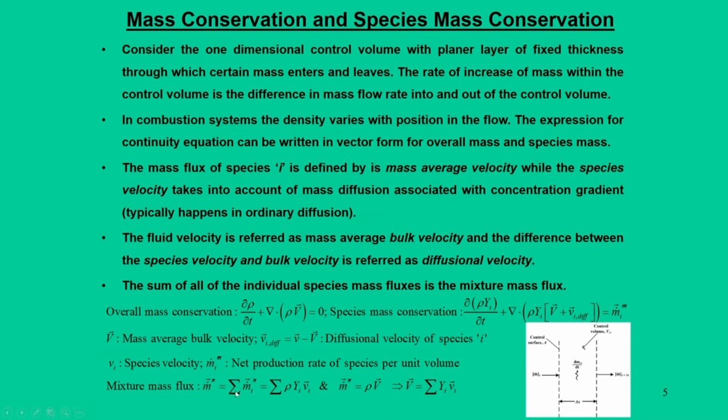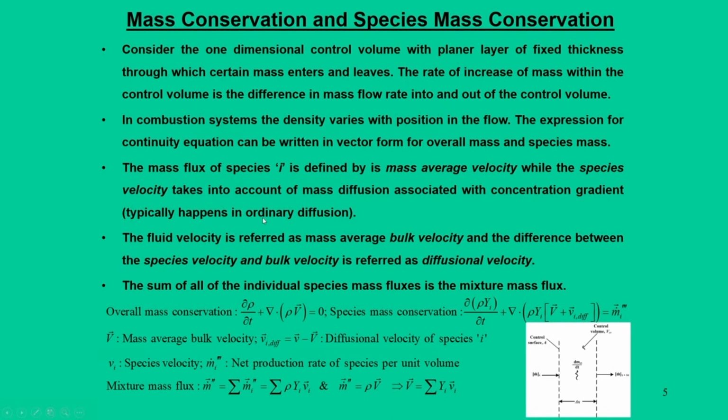We expect that the mixture mass flux is the summation of all the species mass fluxes, and this can also be represented in terms of the mass fraction and velocity vector of the individual species. In addition, the mixture mass flux can also be expressed in terms of a global velocity.